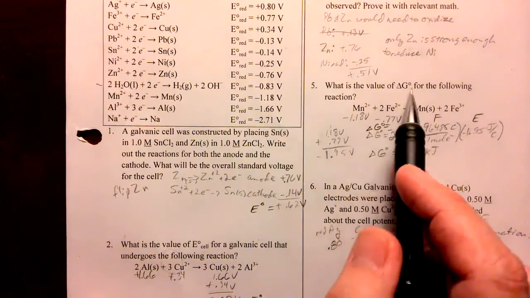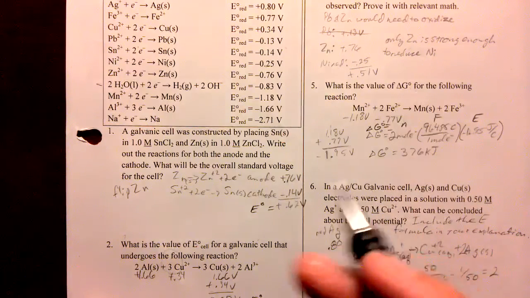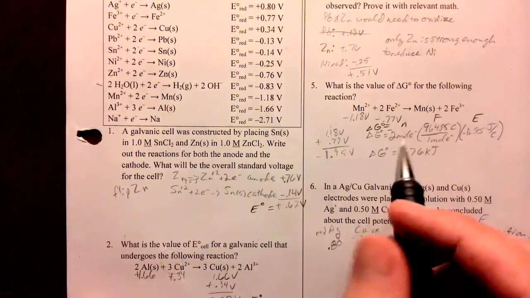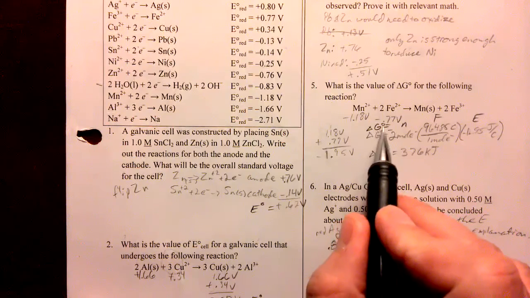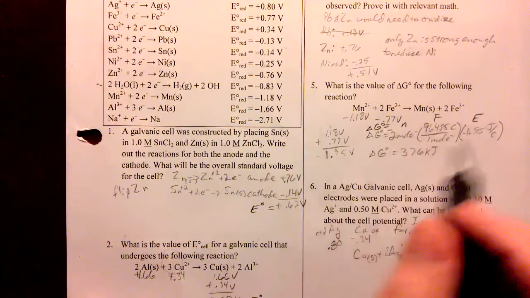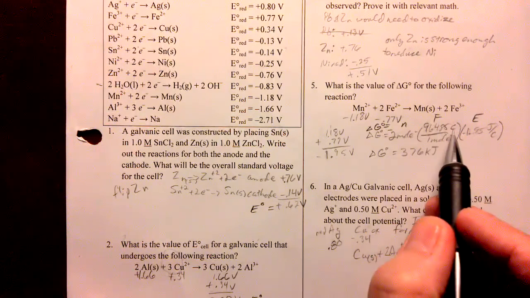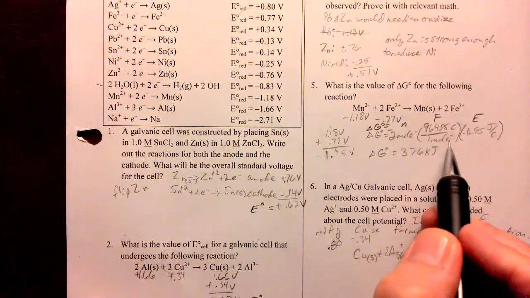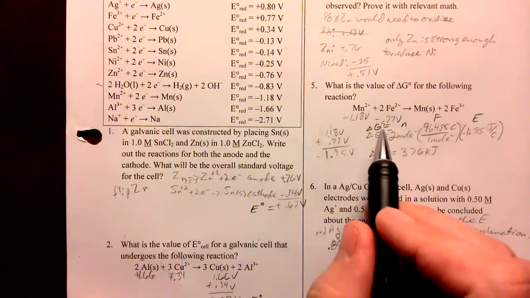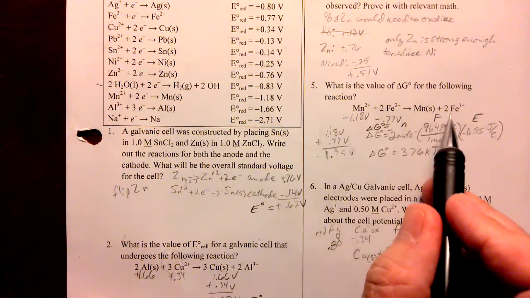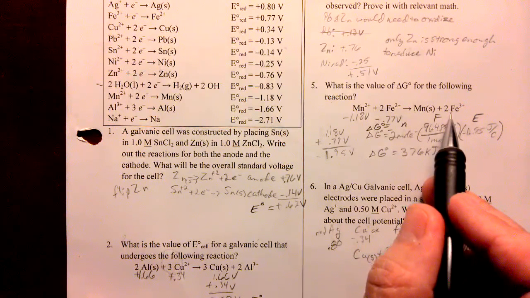Here, we're going to find delta G standard, and you need to go look through your table of equations probably, but there is one of delta G standard equals -nFE. F is just Faraday's constant. You just go look that up. It converts between coulombs of electrons and moles of electrons, because when we discuss balanced reactions, we don't have coulombs.